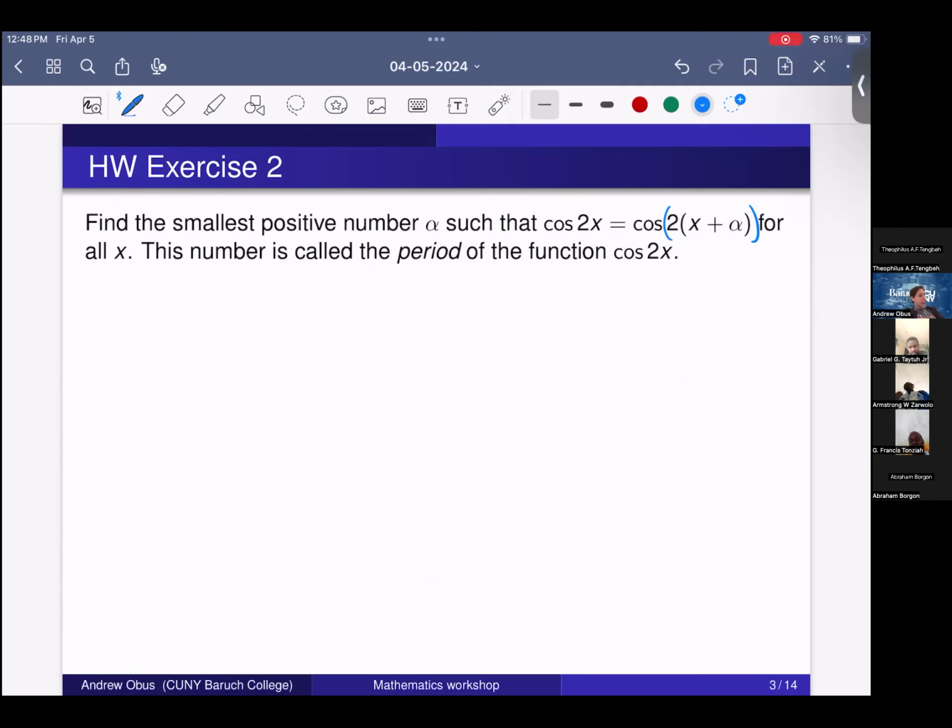So does anybody have an answer? Let me again say, what do we recall? We recall that in general, regular cosine of x is equal to cosine of x plus 2 pi. And furthermore, 2 pi is the smallest positive number with this property.